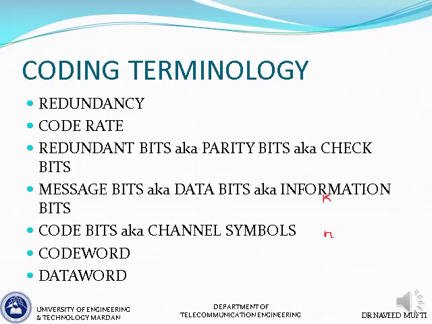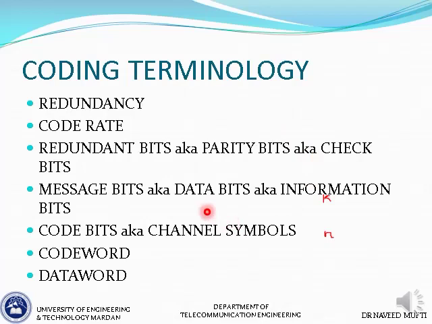So this term code bits or channel symbols, this refers to the combination of data bits and parity bits. So once all the bits are combined together, then they are called code bits or channel symbols. So basically channel symbols or code bits, they are the collection of message bits and parity bits.